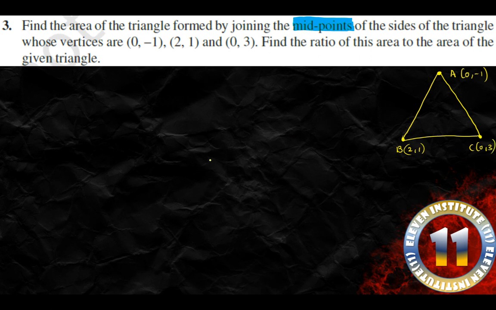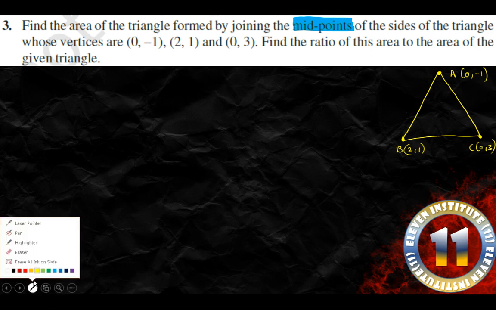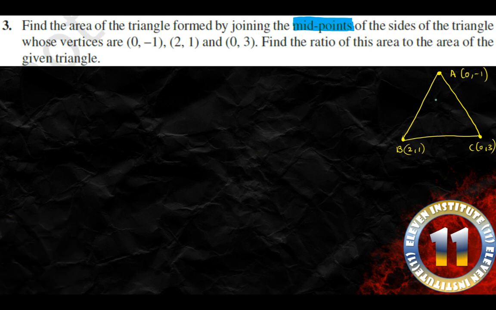Now we have been asked to find the area of triangle obtained by joining midpoints of this side. So the first and foremost duty of ours will be to find the midpoint of the sides.